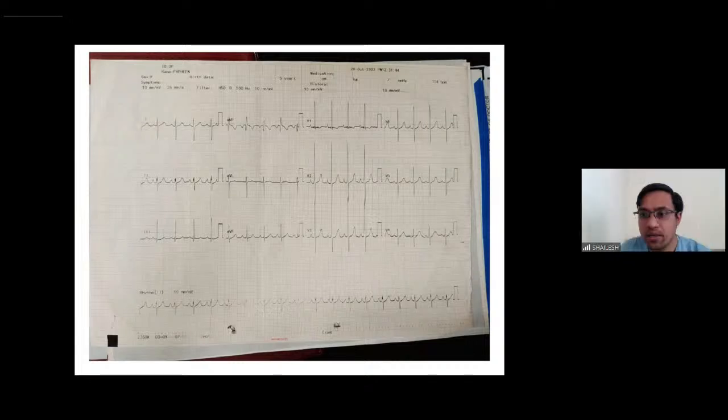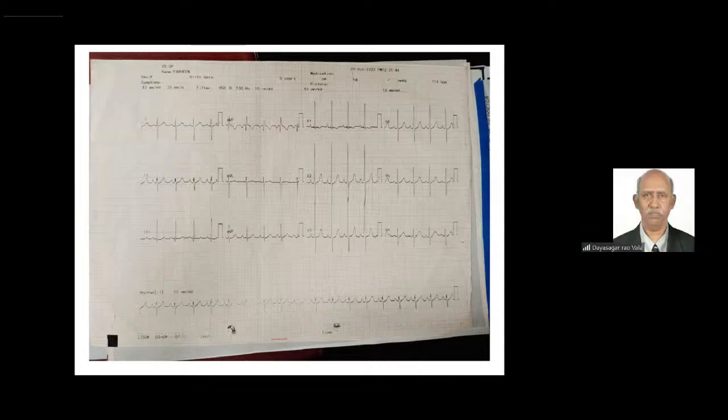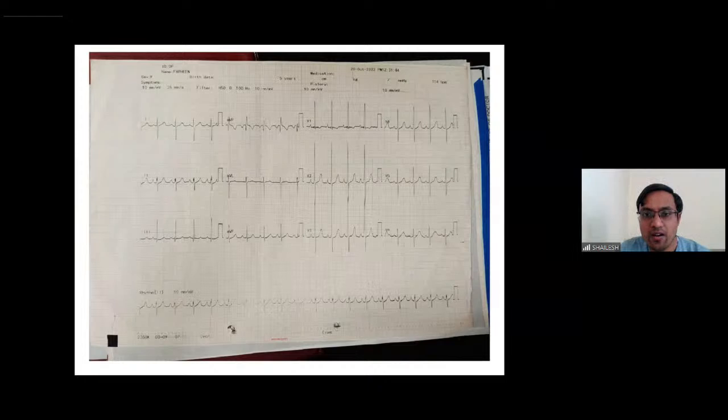Sir, in congenital heart disease, do you want to comment about the QRS first or also the P waves? What is the importance of P wave morphology in congenital heart disease? Sir, in this case, peaked but not tall. P waves are present in V1 to V3, sir.